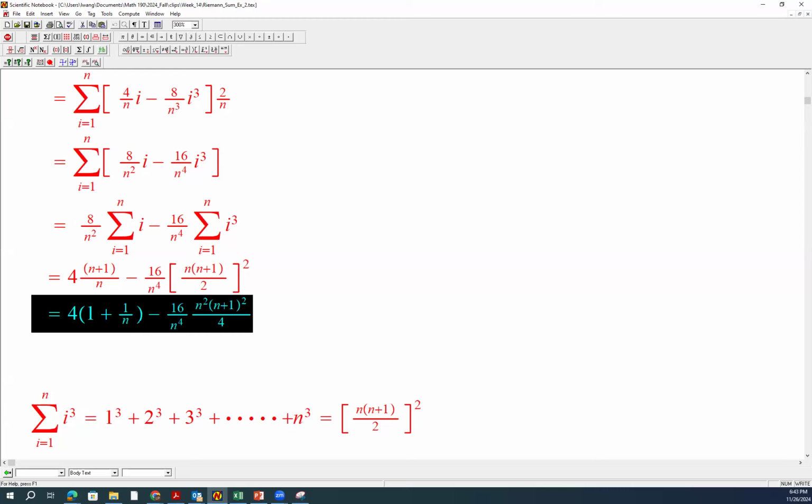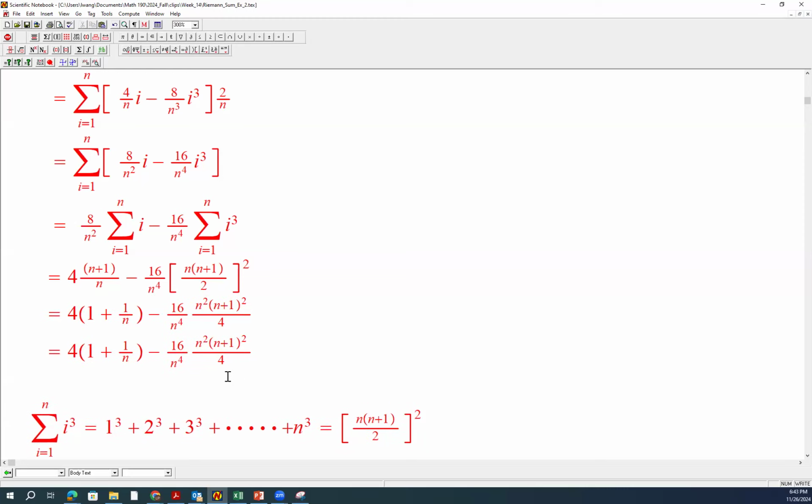Okay, next, simplify. So 16 divided by 4, we have 4. n to the power 4 over n squared, so we just have n squared. The other n squared on top will be removed. So we're going to have n squared, we'll move it down here, and this is just 4.